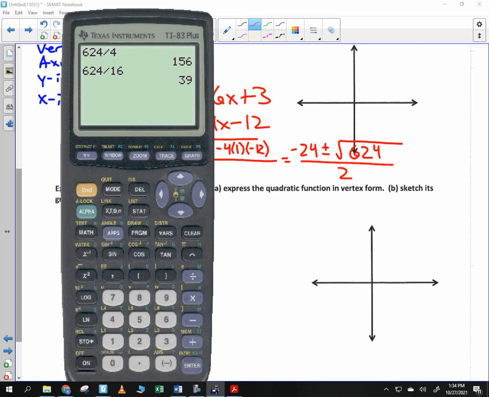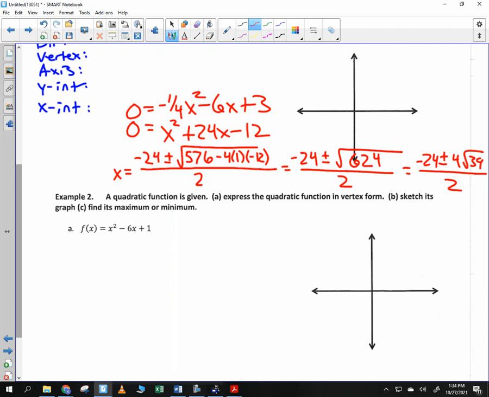So everybody agree, 4 roots of 39? So here we have negative 24 plus or minus 4 roots of 39 divided by 2. Now, at this point, you need to simplify it as well. So is everything divisible by 2? Yeah, so you're going to have negative 12 plus or minus 2 roots of 39.